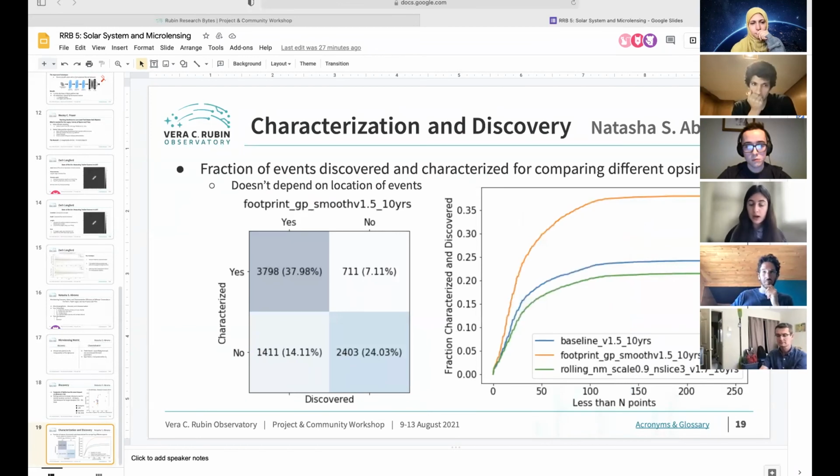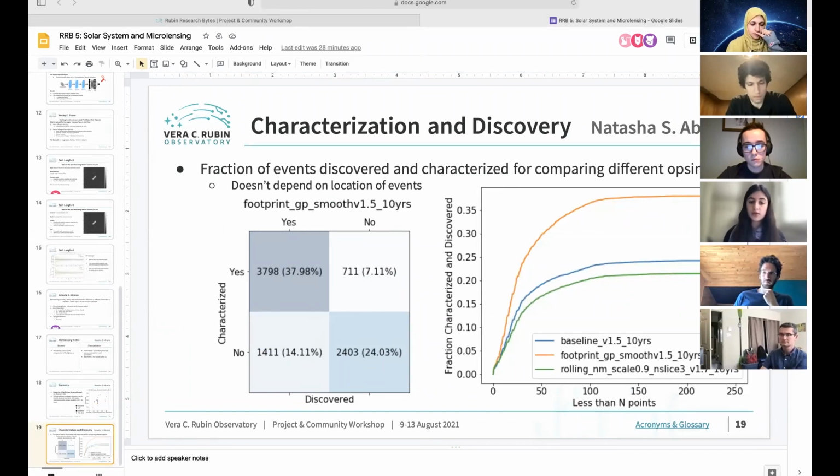When we throw characterization into the mix, as you can see on the bottom left, we have characterization by discovery, and the characterization here is the Fisher matrix criteria, and these are generally aligned, though the characterization is a slightly stricter criteria, so there are fewer events characterized than discovered.